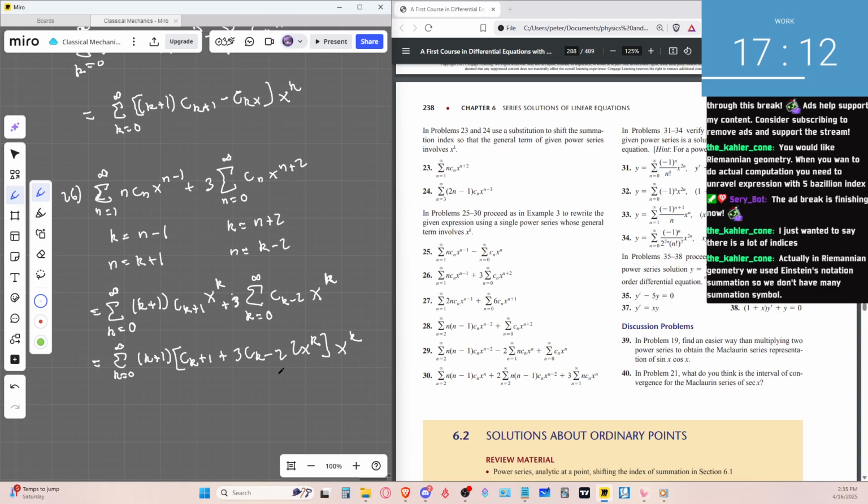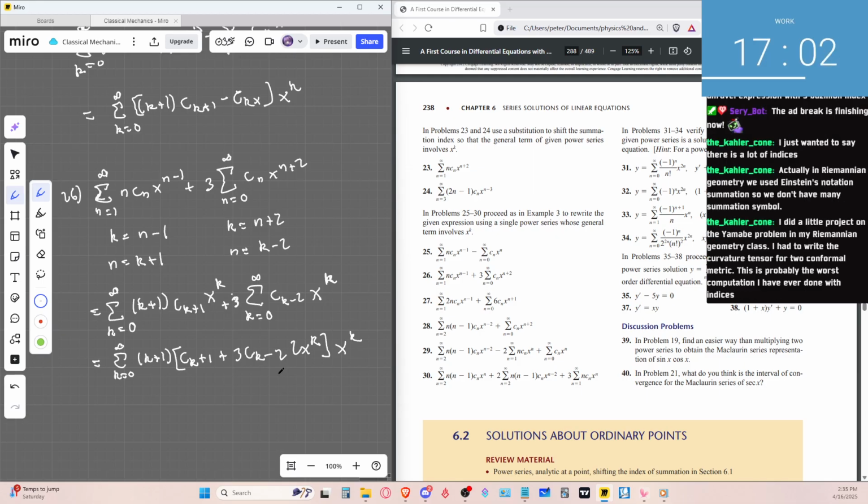Let's see. I'm gonna take a look at Quizlet, see what pops up. I did a little project on the Yamabe problem in my Riemann geometry class, and I had to write the curvature tensor for a conformal metric.